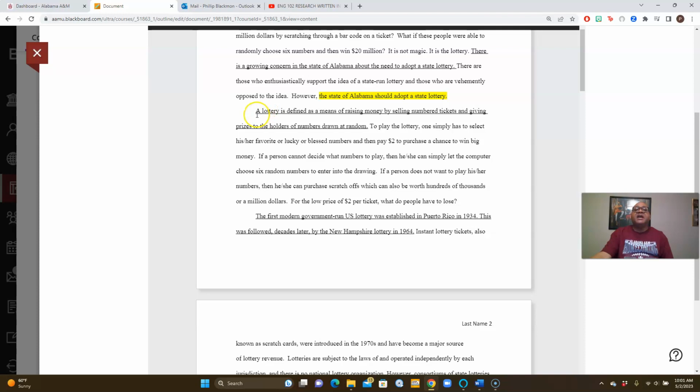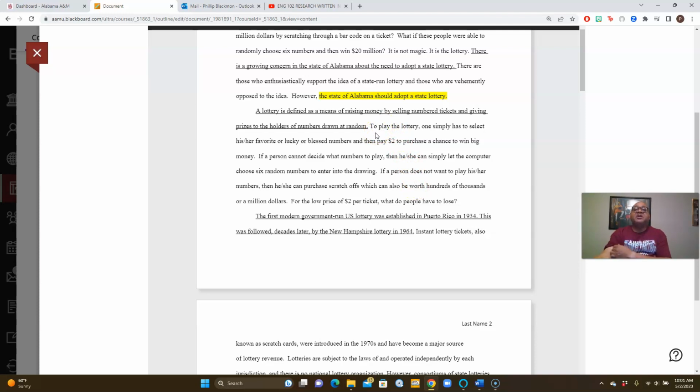For example, it is clear that I am defining in this paragraph because I say a lottery is defined as a means of raising money by selling numbered tickets and giving prizes to the holders of numbers drawn at random, right? That's my definition. The rest of the paragraph basically centers on how a lottery works.